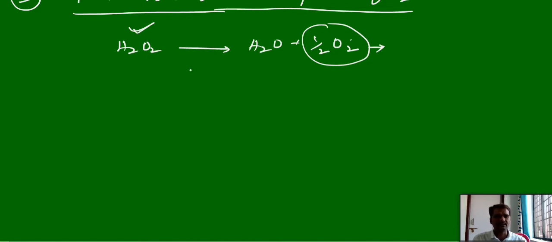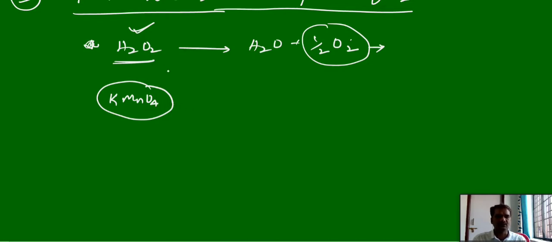The titration is against the oxidizing agent KMnO4. You take the KMnO4 and titrate it with H2O2. We know that KMnO4 and H2O2 titration is a redox titration. Here the amount of KMnO4 required is directly proportional to the amount of H2O2 left in the reaction. Initially we started with H2O2 at some concentration a, and an equivalent amount of KMnO4 is required.